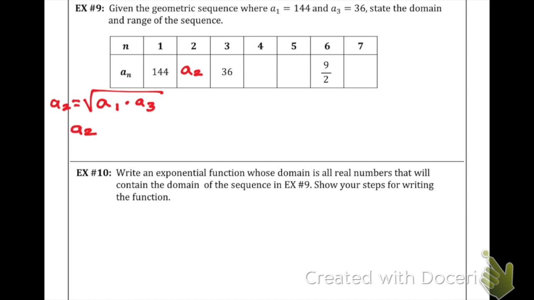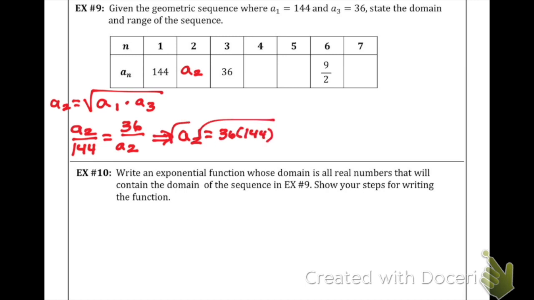So we know that the second term over the first term should be the same ratio as the third term over the second term, which would then get us to A sub 2 squared is equal to 36 times 144. Square rooting both sides tells me my common ratio is 72, or not, my common ratio is not 72. My second term is 72.